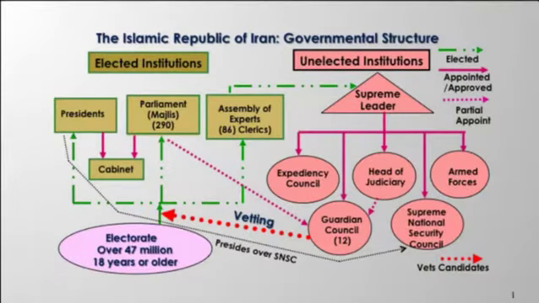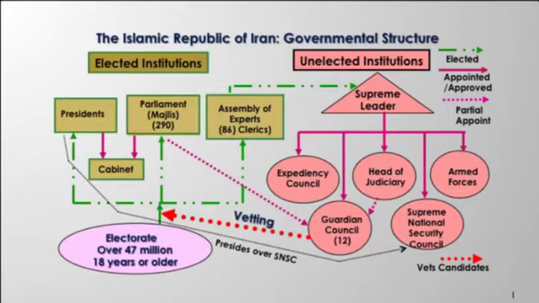Finally, there is this dotted line going from the president to the Supreme National Security Council because the president presides over the Supreme National Security Council. So the dotted line from the president goes to the Supreme National Security Council, in which the president presides.